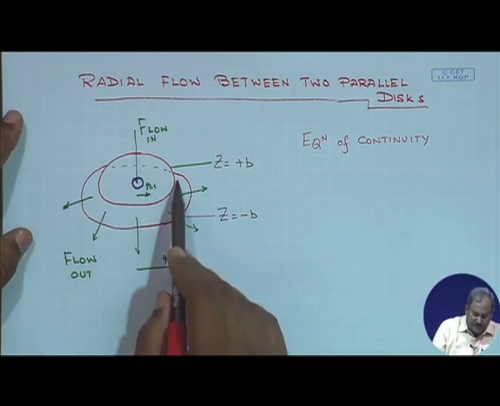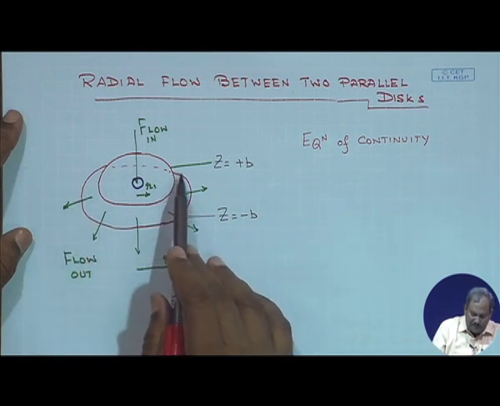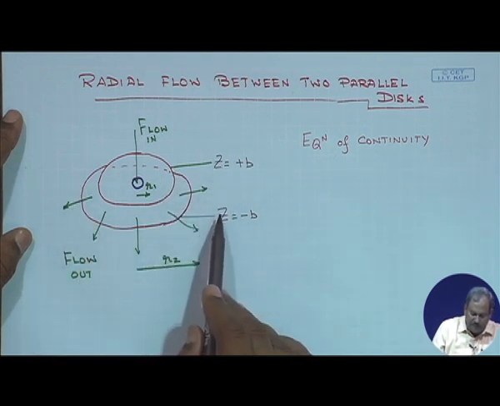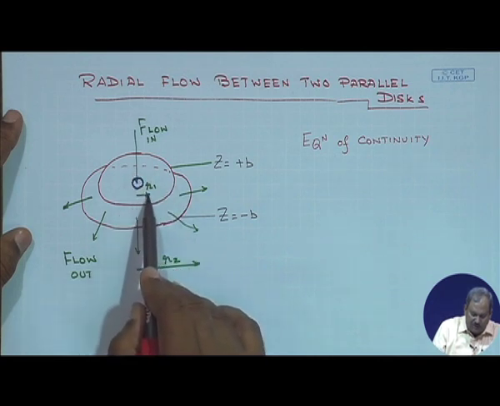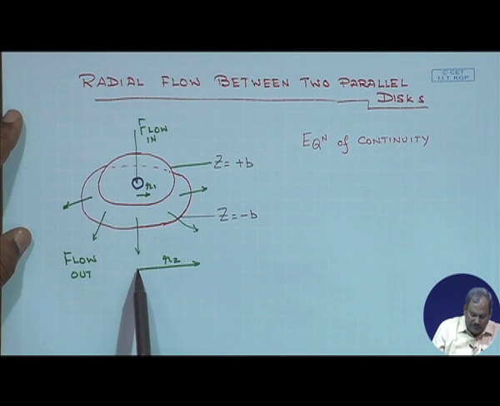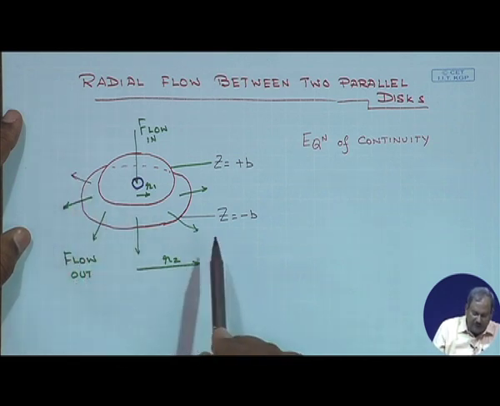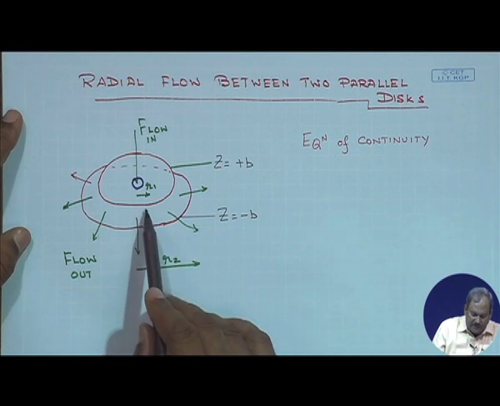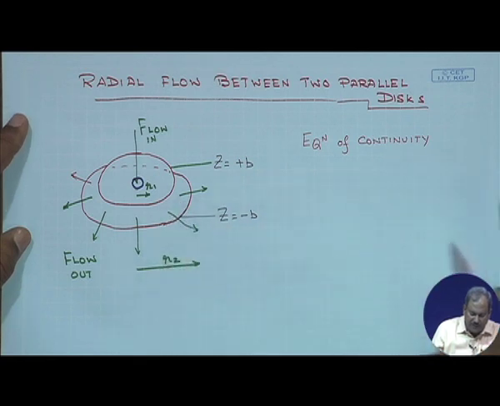So as I said, the top disc and the bottom disc are separated by a distance of 2b, and the flow comes in through a hole whose radius is equal to r1. The radii of both the discs are equal to r2, and the flow is moving radially outward. As the flow comes towards the outer edge, the cross-sectional area increases, so the velocity reduces.